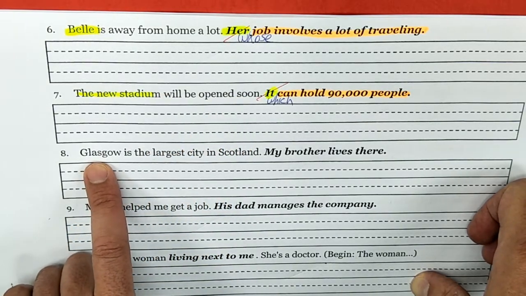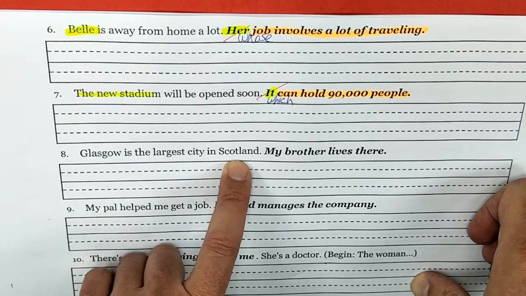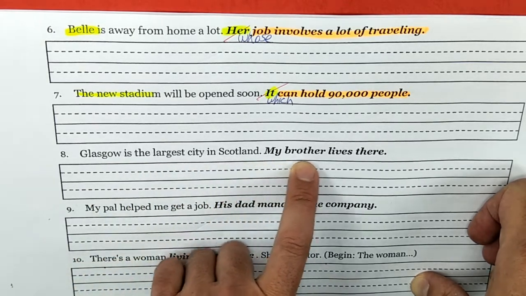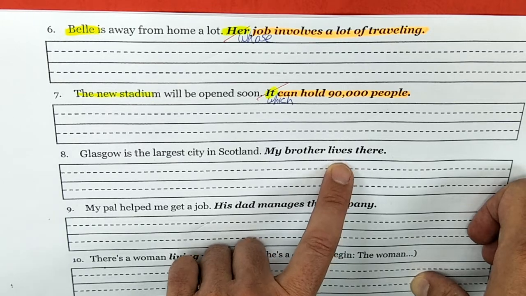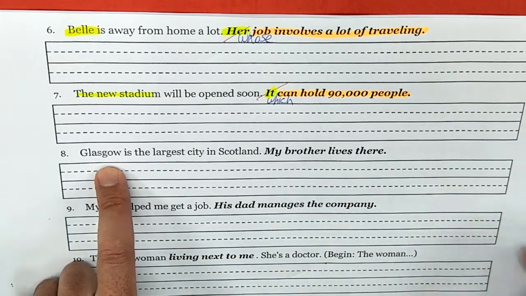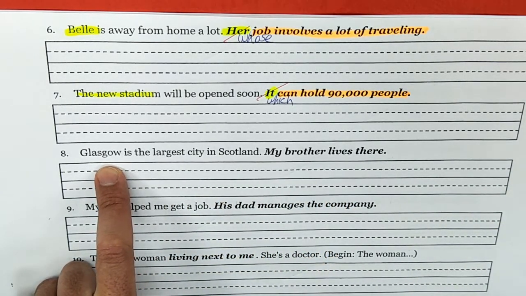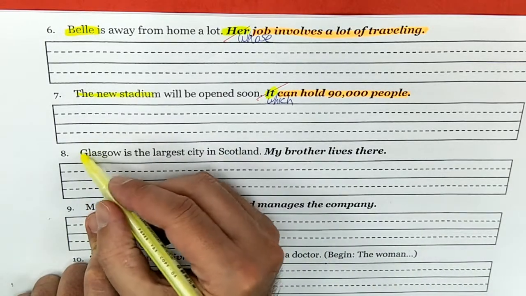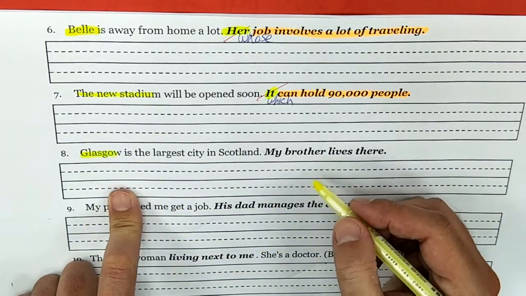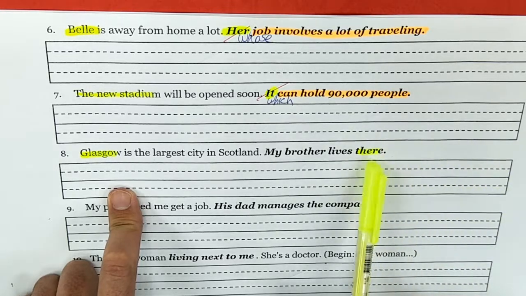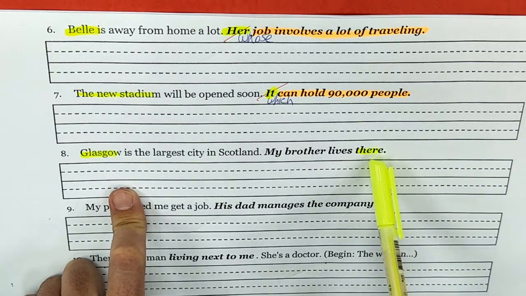Number 8. Glasgow is the largest city in Scotland. My brother lives there. Okay, so here we have the noun is Glasgow. That's a place name. And it's my brother lives there.